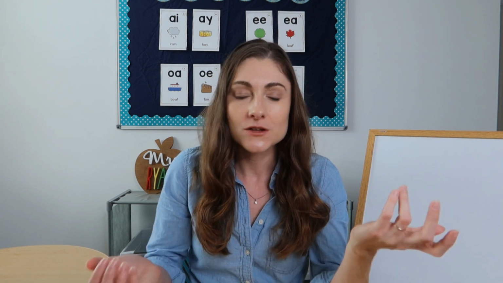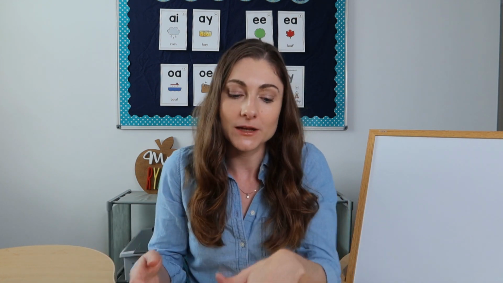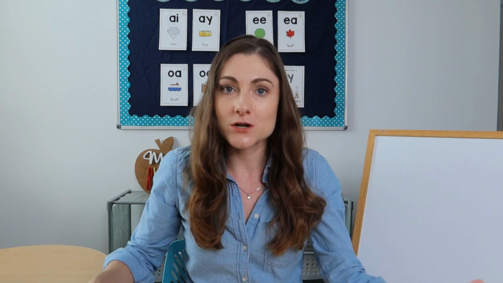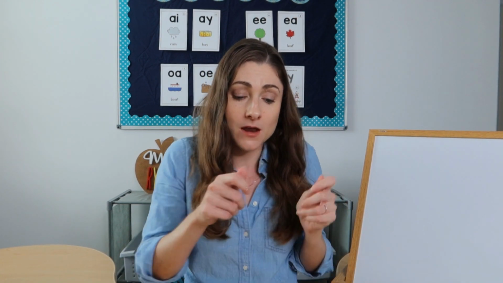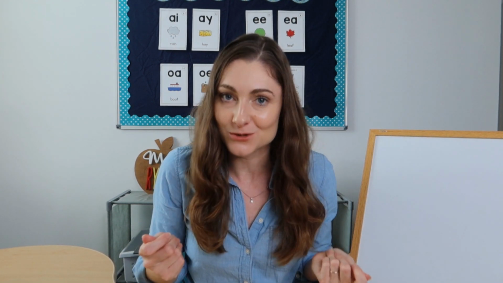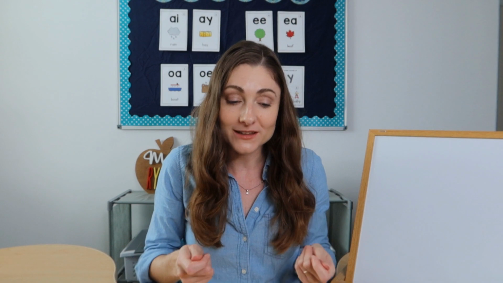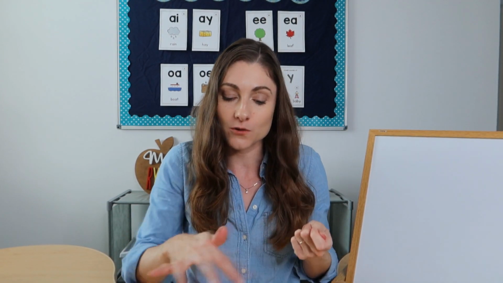Now, let's say you're in a situation where your kids can't read to a partner for whatever reason, or that's just not the way that you structure things. Well, no problem. If you have them take a tablet or some sort of technology device, you can actually have them make a video of themselves reading the words. So let's say you have an iPad or a tablet, and maybe they have written their words or sorted their words. You just have them pick up the tablet, hit record, and then they're holding the tablet, and they're showing you their words that they have on the table, and they're reading the words out loud.